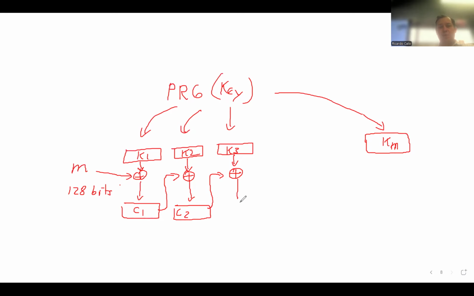This would produce, let's call it C3, and now dot, dot, dot, until whatever comes in is XORed with the last one.